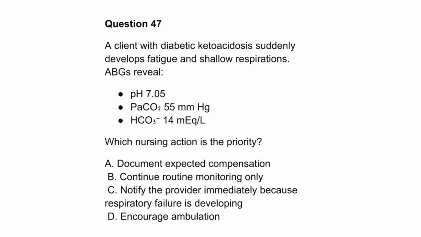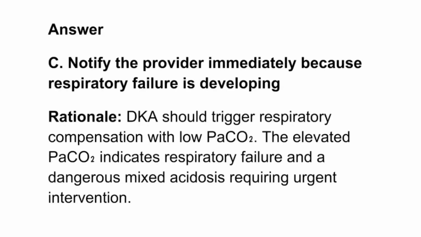C. Notify the provider immediately because respiratory failure is developing. D. Encourage ambulation. Answer: C. Notify the provider immediately because respiratory failure is developing. Rationale: DKA should trigger respiratory compensation with low PaCO2. The elevated PaCO2 indicates respiratory failure and a dangerous mixed acidosis requiring urgent intervention.